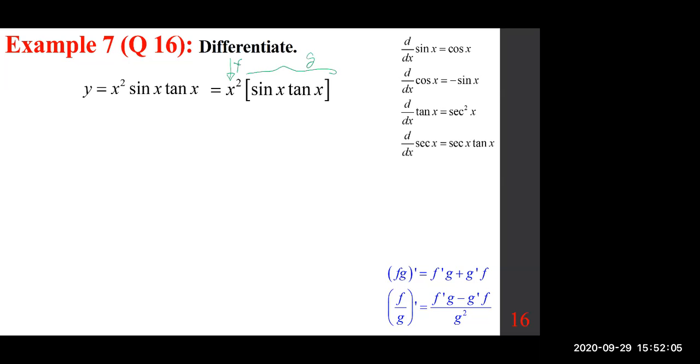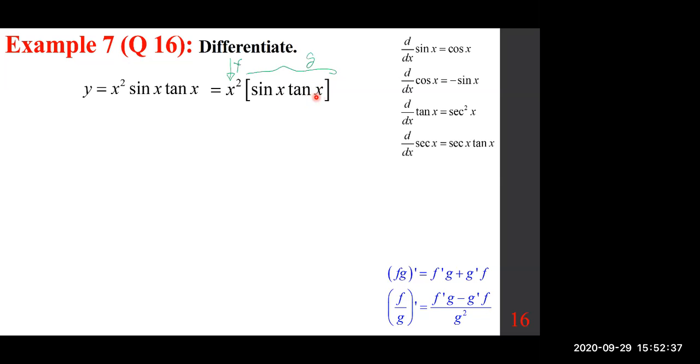So you take the derivative of f, you multiply it by the brackets, you take the derivative of the brackets, which itself requires the product rule, times x squared. So let's do that, okay? Just to make sure everybody can do this, it's really not that big of a deal. x squared gives you 2x times the bracket. Now what about this one? Sine gives you cosine times tan plus tan gives you secant squared times sine.